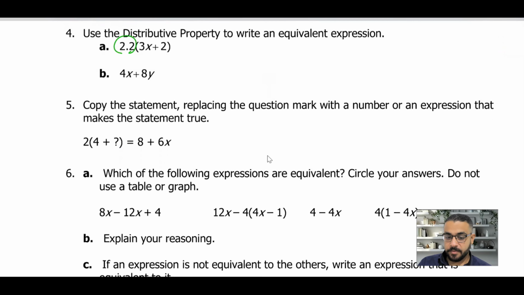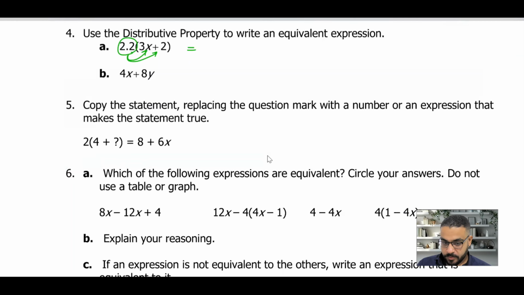So I got 2.2 here before the bracket. So I'm going to multiply this number inside by each term. Distribution, like you have an amount of money and you give it equally to your brothers, sisters, and so on.